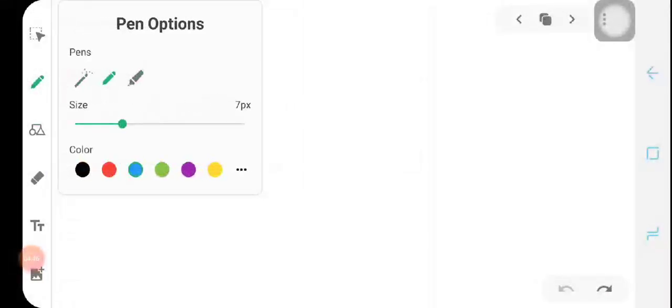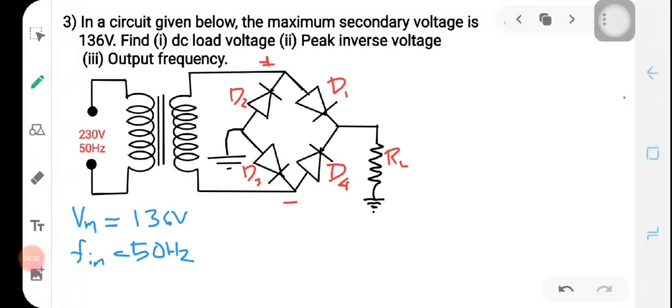So I am denoting only this part here. During the positive half cycle, D1 is forward biased, D3 is forward biased, and D2 and D4 are reverse biased.